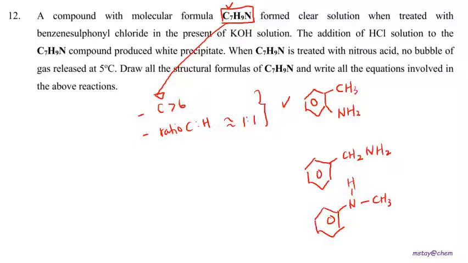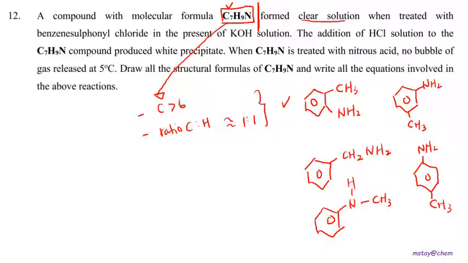If this one is the 1,2 position, maybe you will also think about 1,3 NH2 and CH3, and also 1,4. So with this first sentence, up to here, we roughly have the idea it will consist of these 5 possible answers. So we need to continue with the reading.